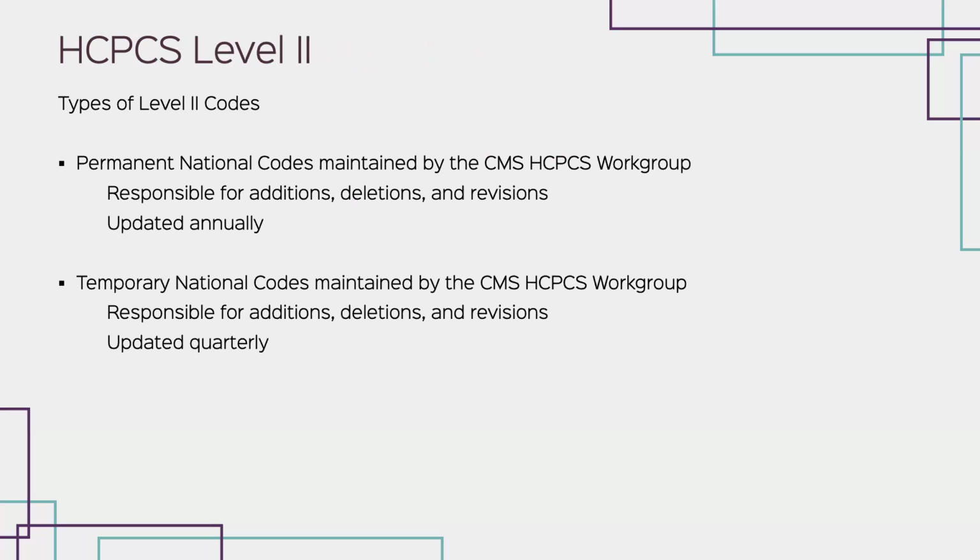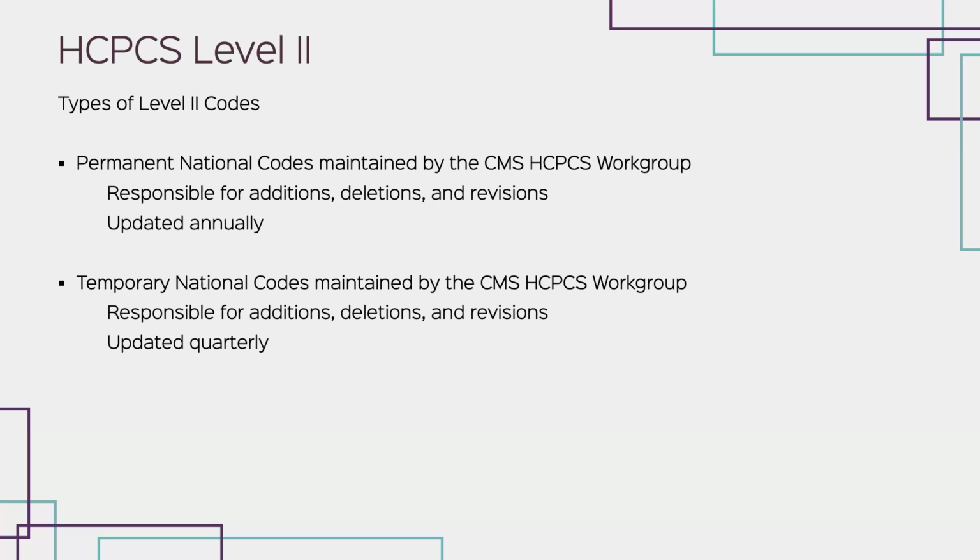Now, when we talk about our HCPCS codes, these are going to include any services that are provided to patients, which are not included with the CPT. So HCPCS level 2 is going to include our ambulance, our drugs, any durable medical equipment, basically anything that's not included in the CPT.